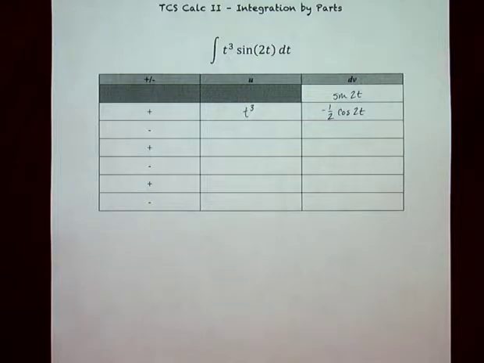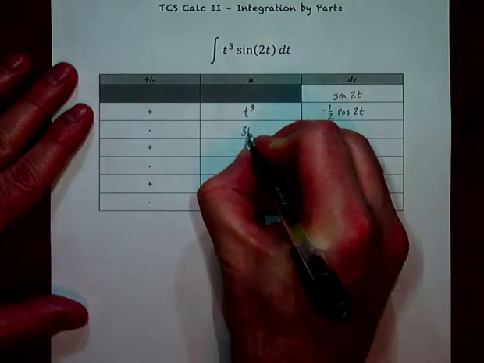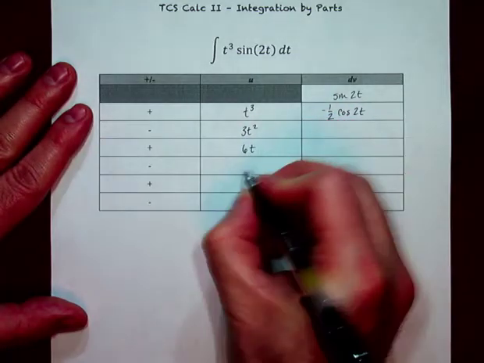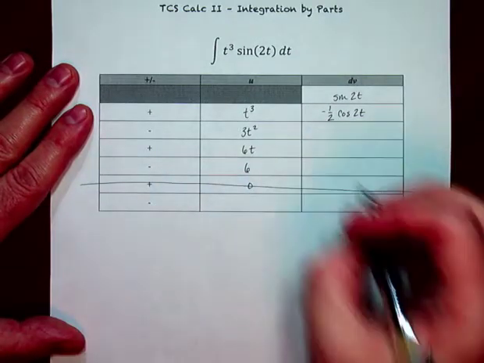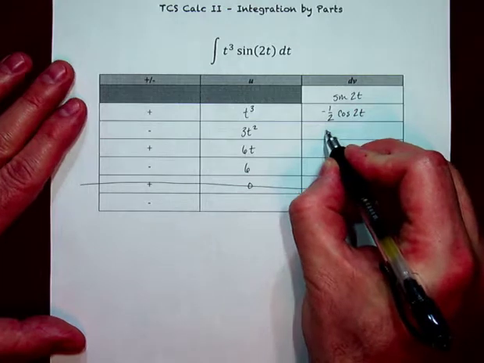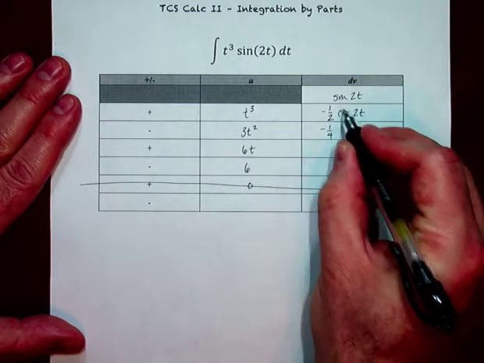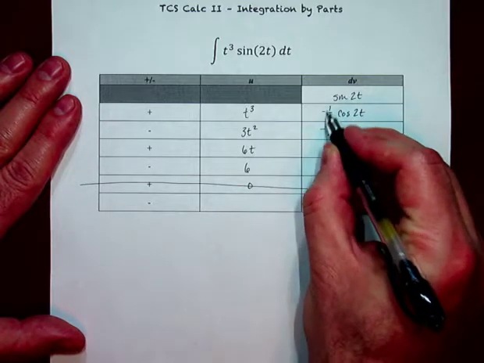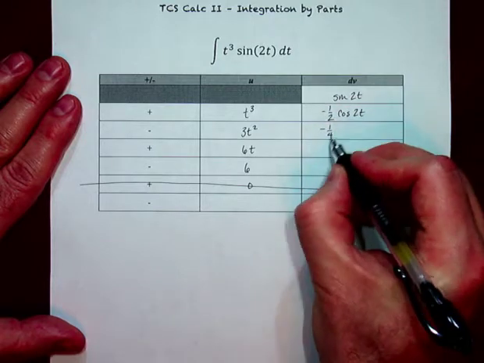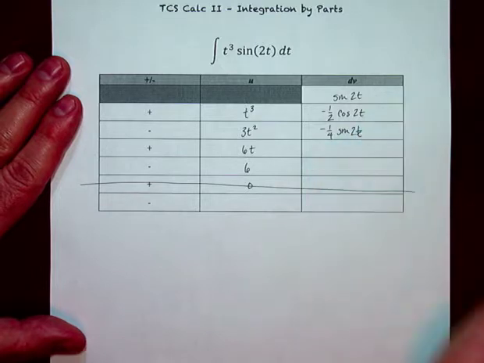And then basically in the middle column, the t cubed, I need to go ahead and differentiate all the way down. And then of course when I get to here, I realize that I'm done. Here I need to anti-differentiate, so the derivative of cosine is the derivative of sine, so its antiderivative is positive sine, so the negative persists, and I need another 1/2 out in front here for that angle measurement expression.